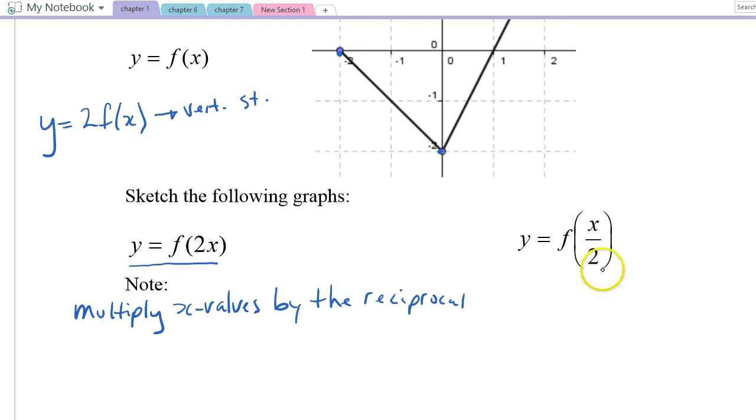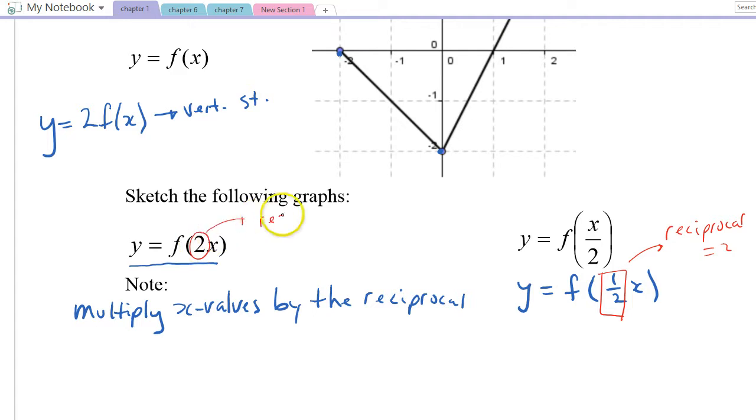For this one, well, this is the same thing as saying y is equal to f of 1/2 times x. So the reciprocal of a half is equal to 2. And here the reciprocal is equal to 1/2. So we're going to be multiplying by the reciprocal.